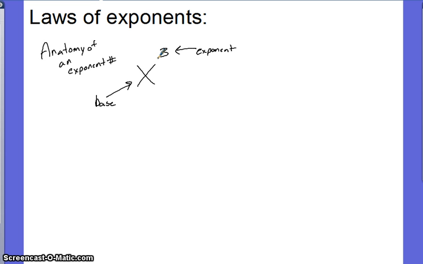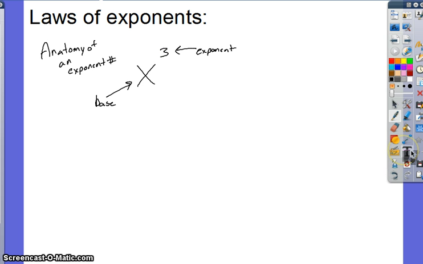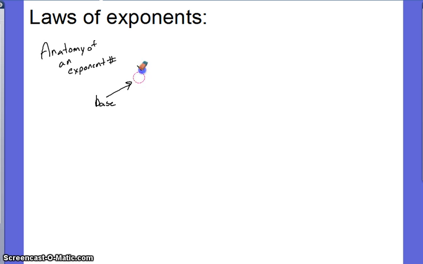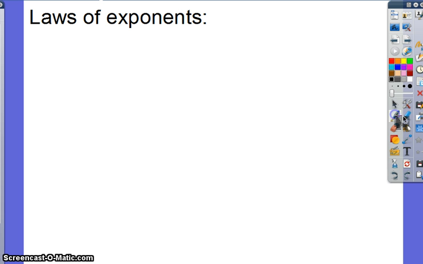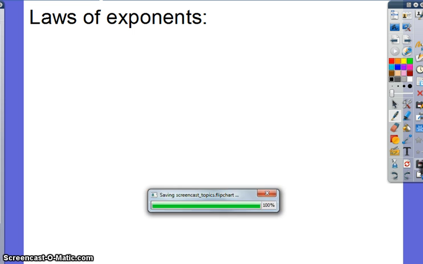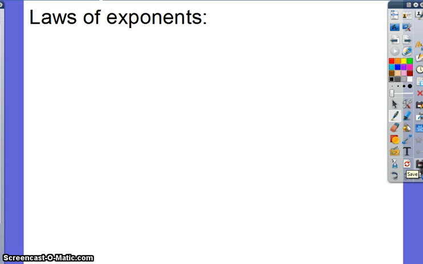So when we look at the basic rules or the basic laws of exponents, let's take a look. First of all, let's look at multiplying exponents.